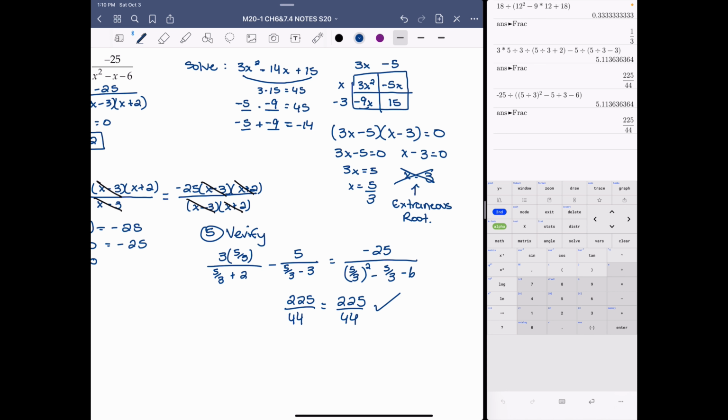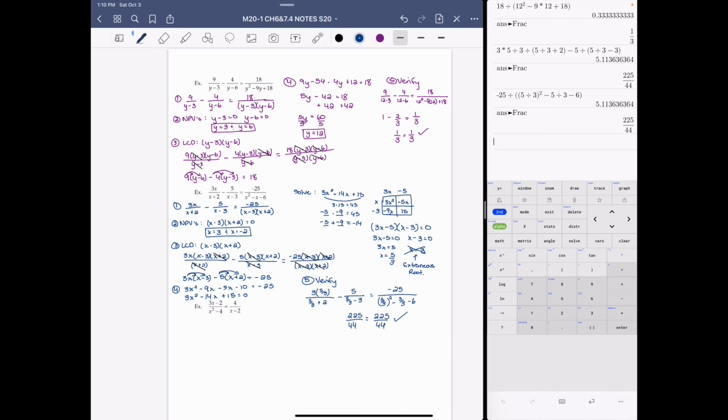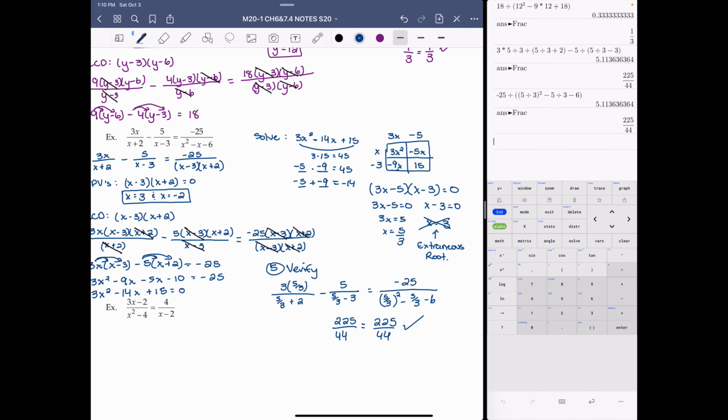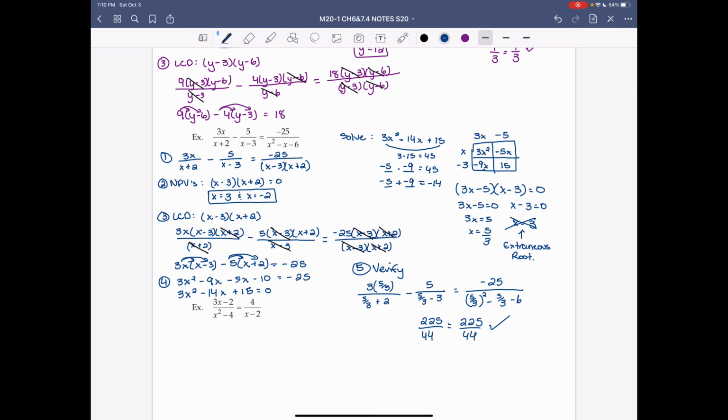Left side equals right side. Therefore, our solution x equals 5 over 3 is a solution to the equation.